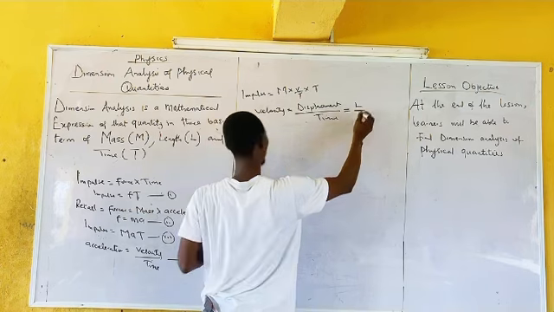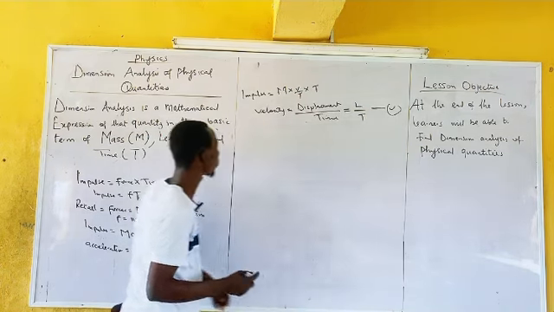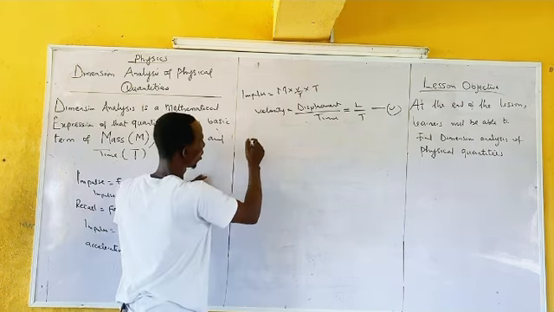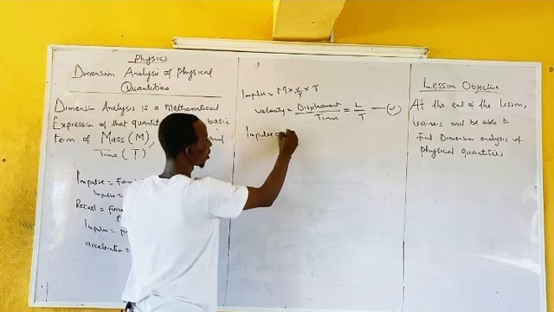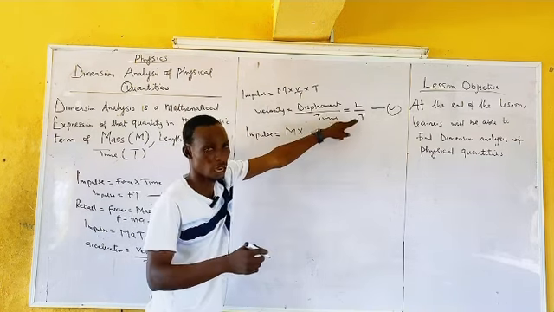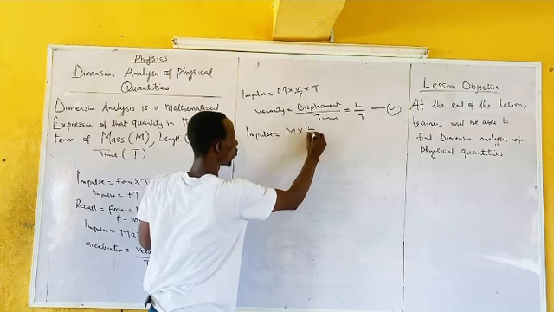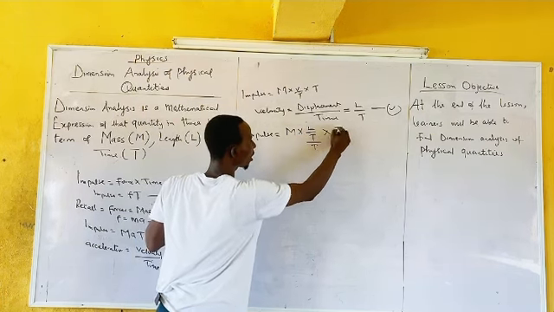Now let's call it equation 5. Now we put equation 5 into equation 4. Then impulse is equal to m times, instead of the v, we write L over t, over t times t.